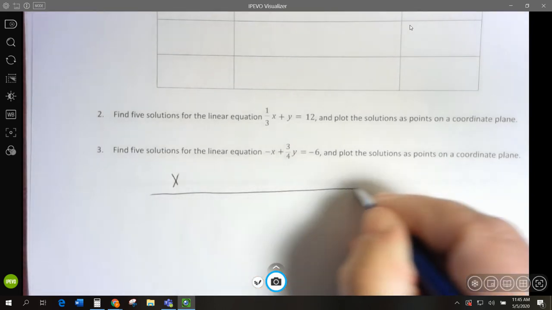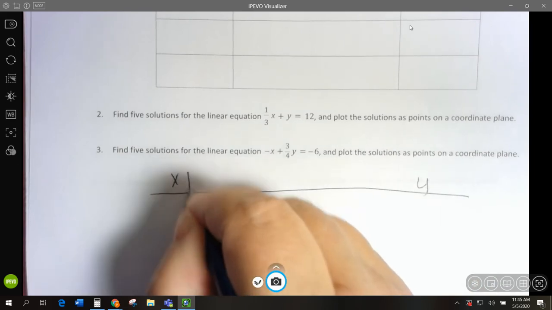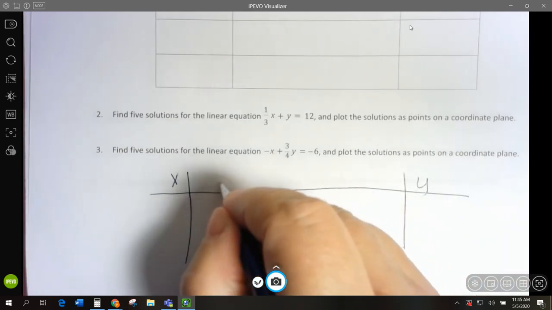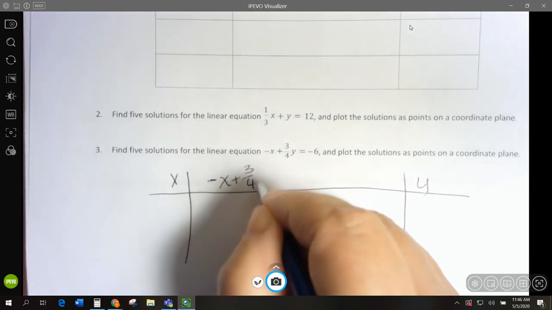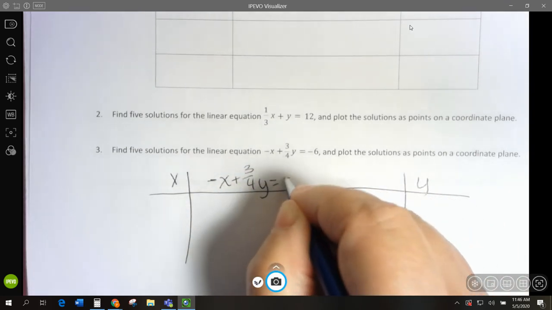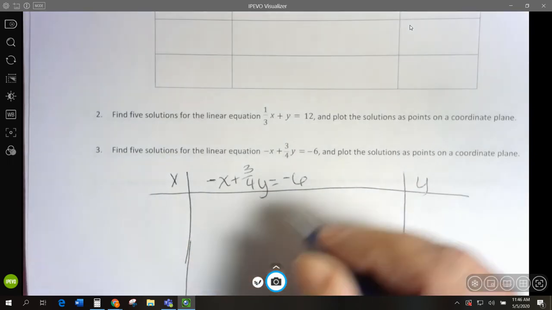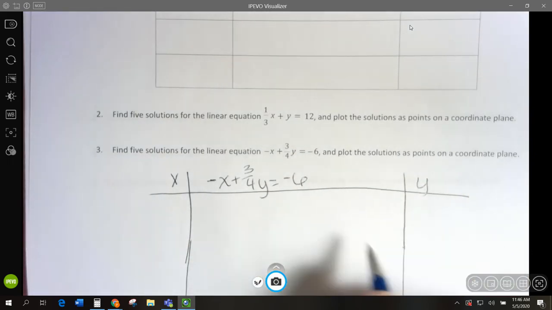So we'd have x, y over here, and we'd have negative x plus 3/4 y equals negative 6. And we're going to choose our y's, and we're going to choose multiples of 4.